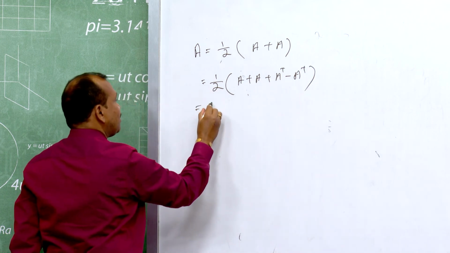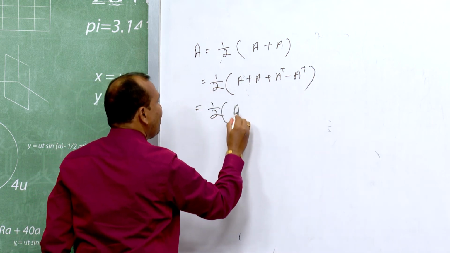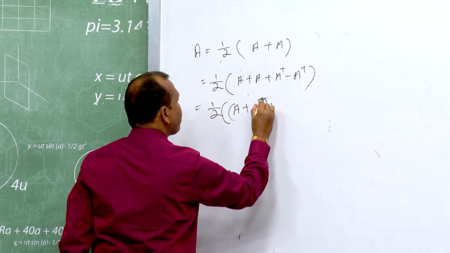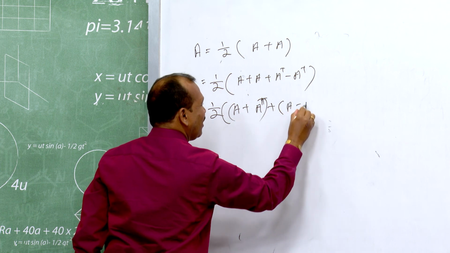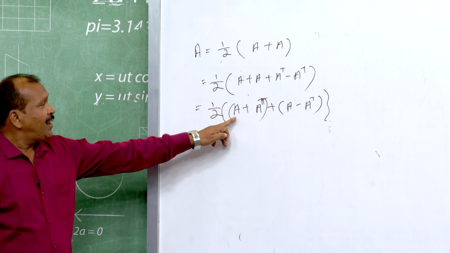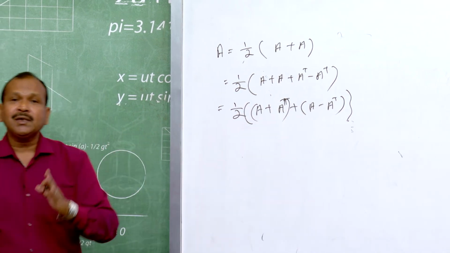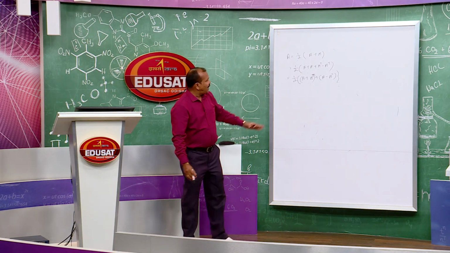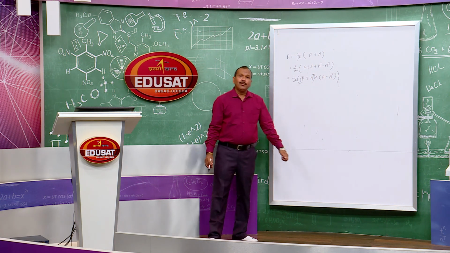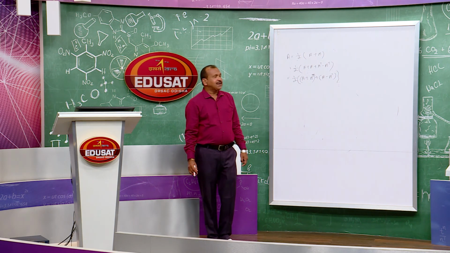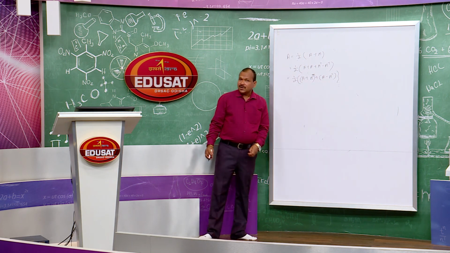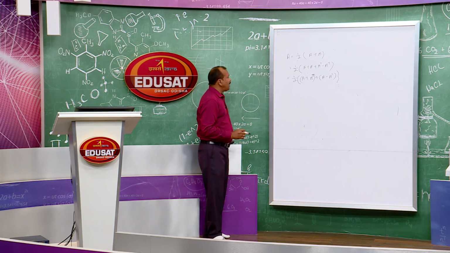Then we write it as half times (A plus A transpose) plus (A minus A transpose). Then we know that A plus A transpose is always a symmetric matrix and A minus A transpose is always a skew symmetric matrix. Then every matrix A can be expressed as a sum of symmetric and skew symmetric matrices.